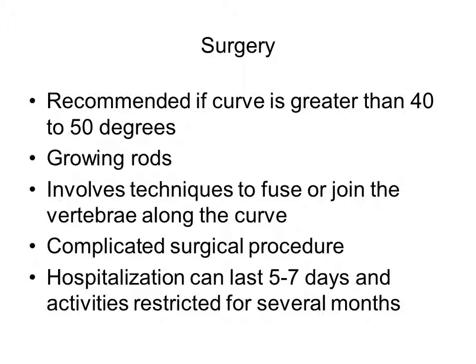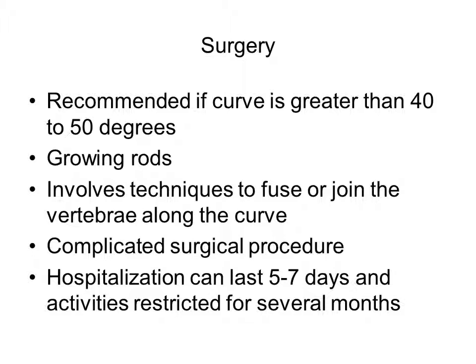Surgery is recommended if the curve is greater than 40 to 50 degrees. And sometimes they'll put in what's called growing rods alongside the spine, and they will anchor them into some of the vertebrae. And then as the individual grows, the rods actually will extend also. So it involves techniques that fuse or join the vertebrae along the curve.